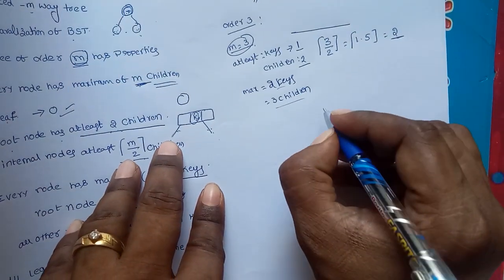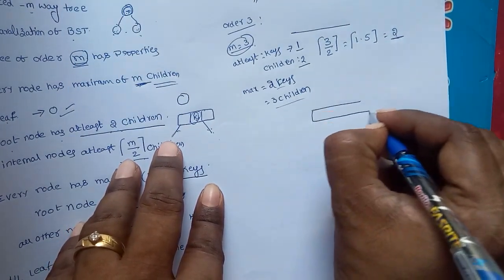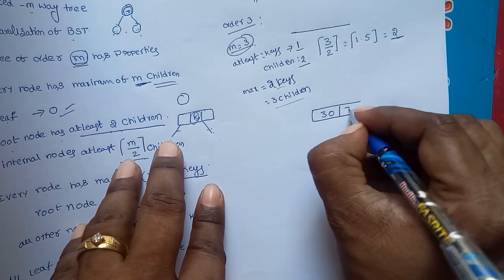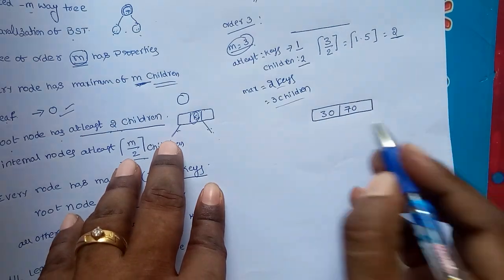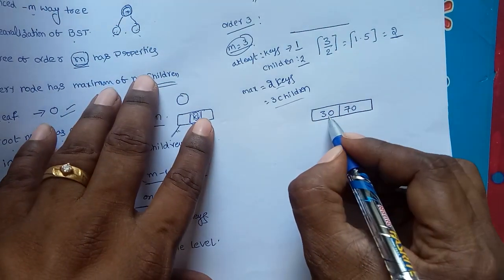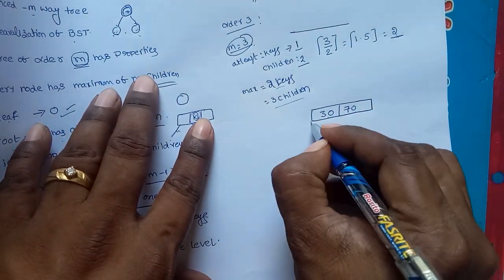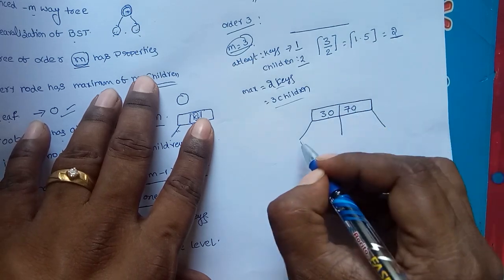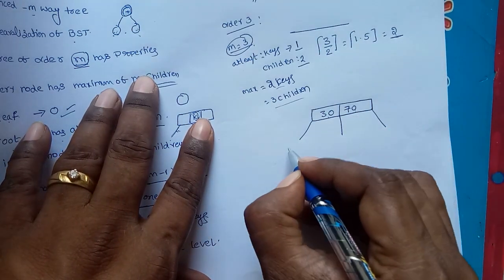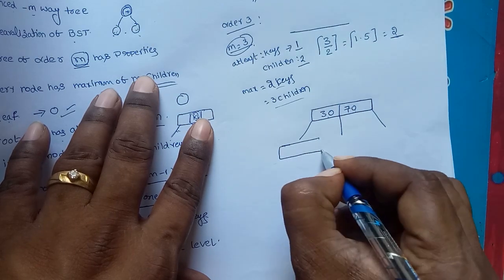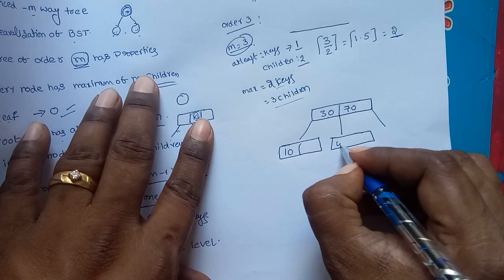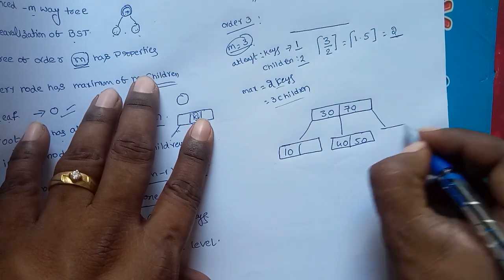For example, consider the values 30 and 70. This is the root node. The root node contains 2 keys, and if it contains 2 keys, then it contains 3 children. Suppose we see this one, 10, and 40, 50.